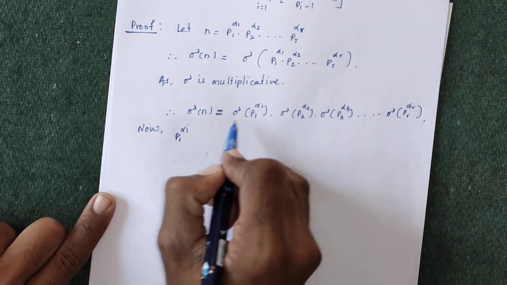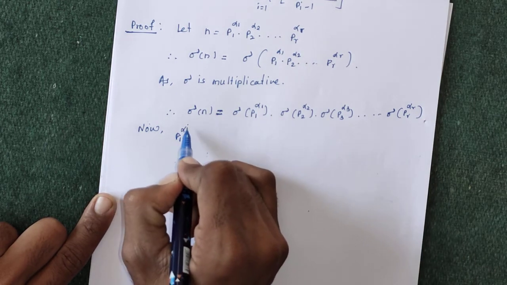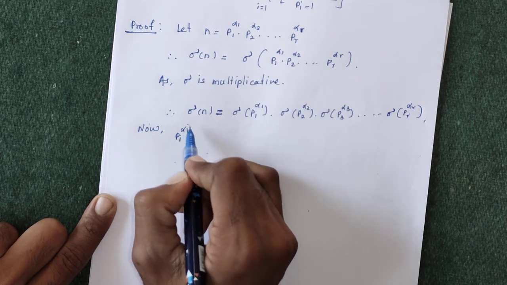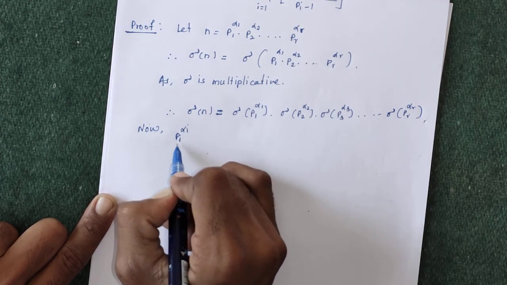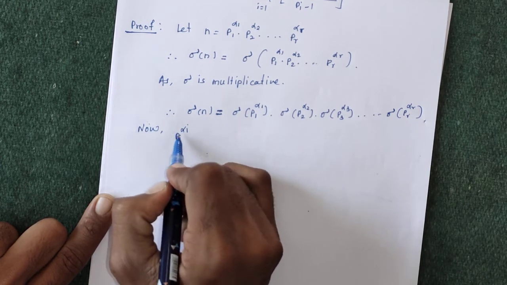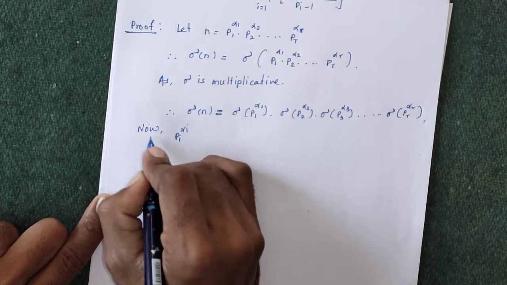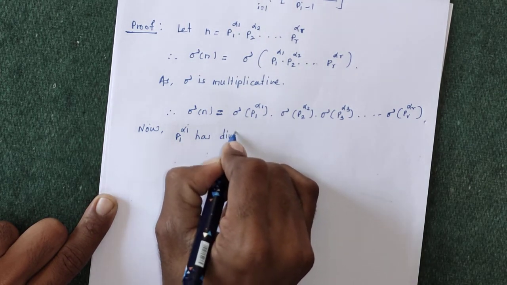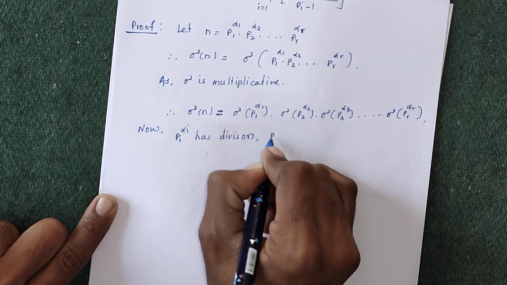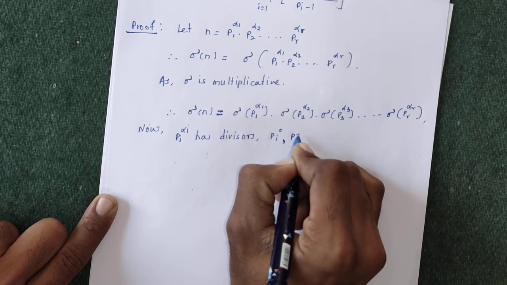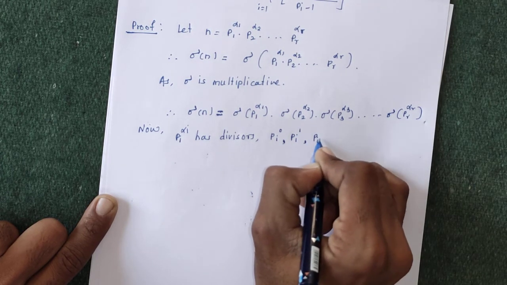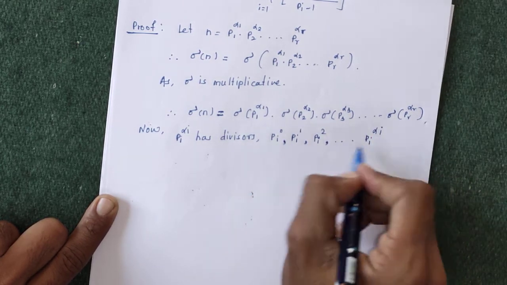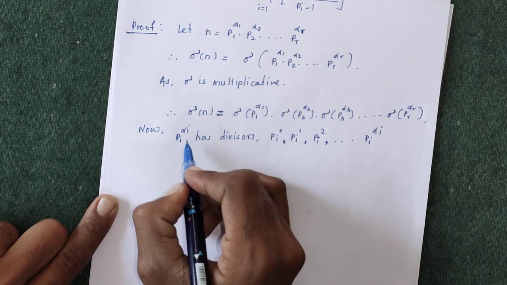We know that the divisors of pi raised to alpha i are pi raised to 0, pi raised to 1, pi square, pi cube, up to pi raised to alpha i. These are all the positive divisors of pi raised to alpha i.